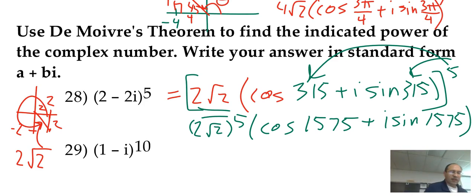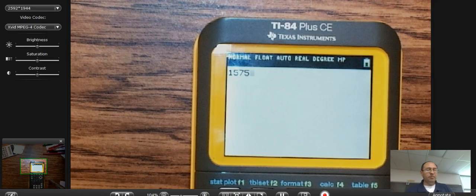1575. Now, I know this is going to sound pretty technical, but 1575. I might even switch over to my camera just so you can see how technical this is. Suppose you don't know where 1575 is on the unit circle. Watch this.